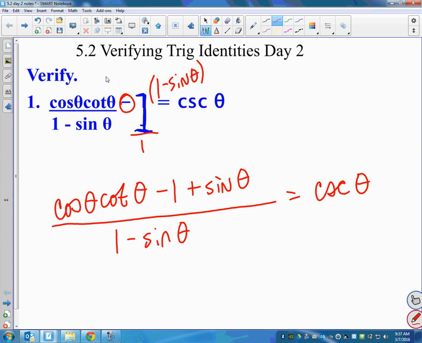One that's not so obvious what to do next, right? I definitely don't think anything is going to cancel out. I can't factor anything out of the top right now. So the only thing that I see is what I didn't do up here. Could I rewrite this as cosine over sine?